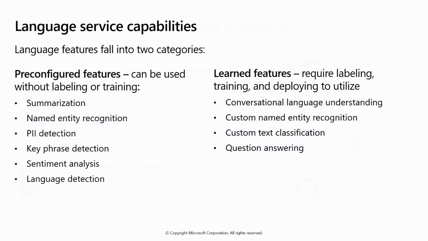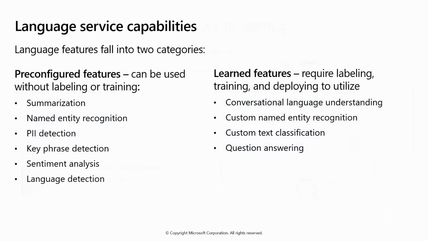So the language service has different tools for understanding how people talk. A client application can use each feature to communicate with users better, or it can use them all together to learn more about what the user is saying, meaning, and asking.